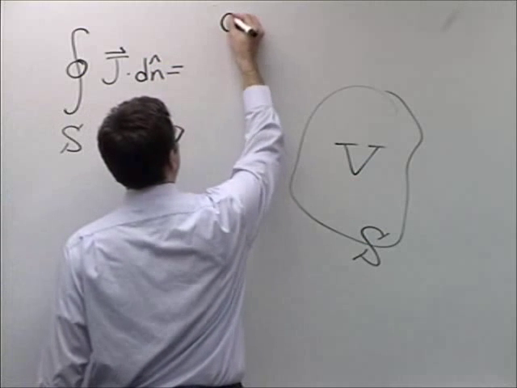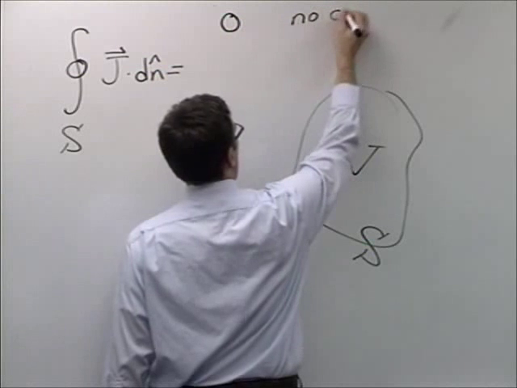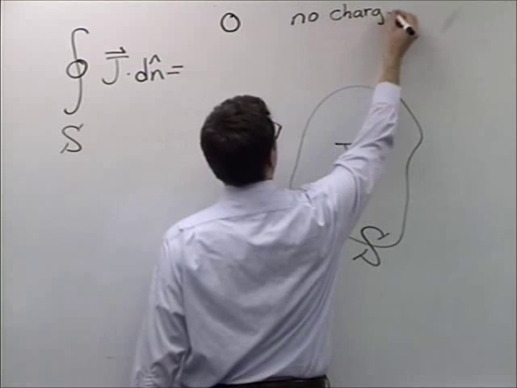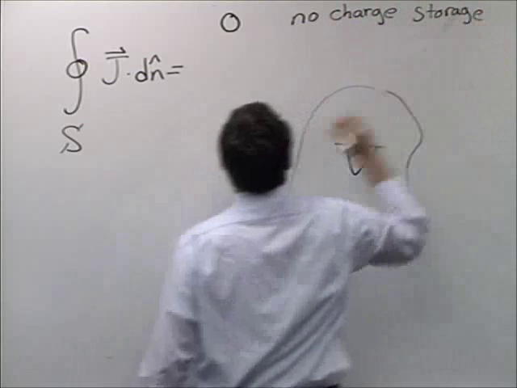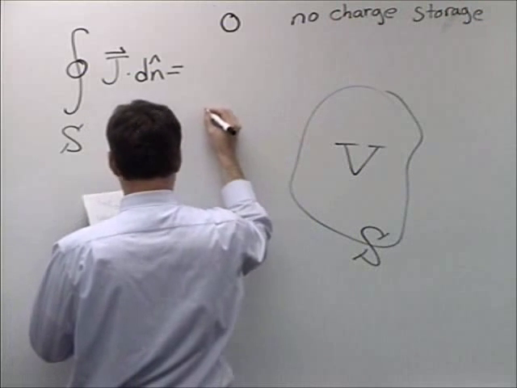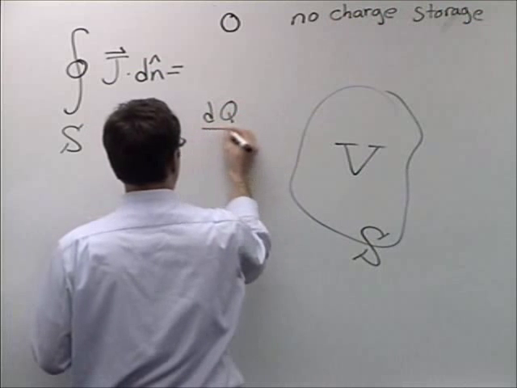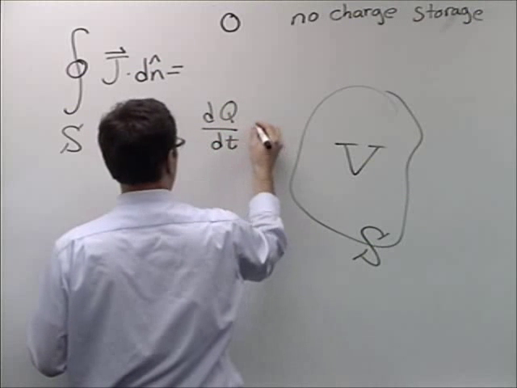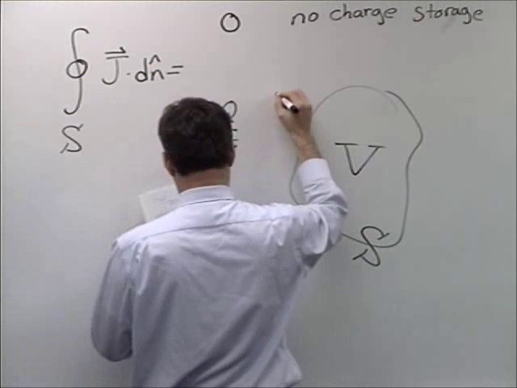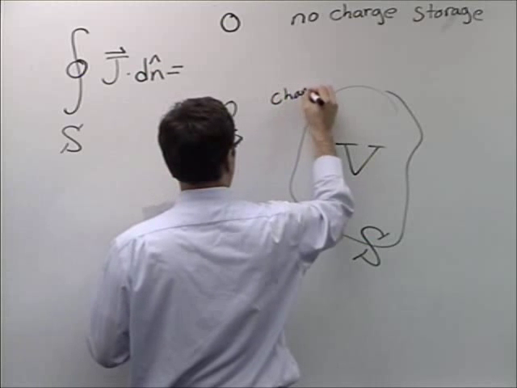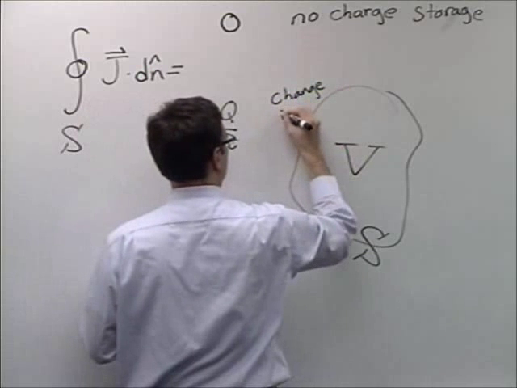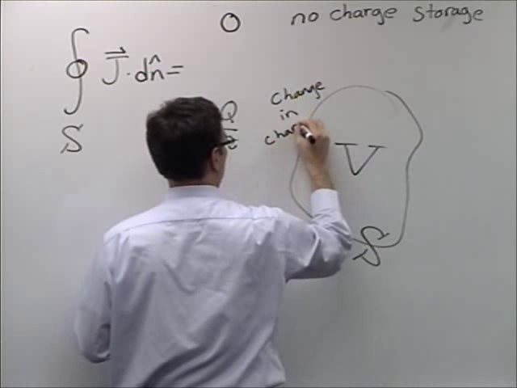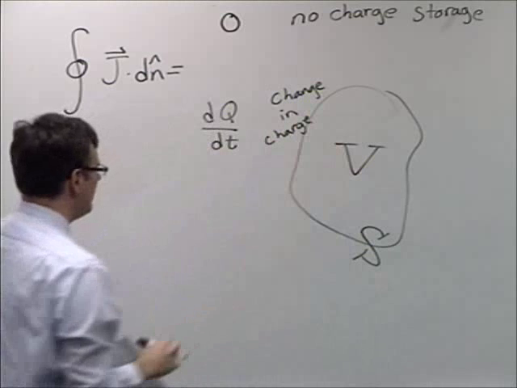I should get 0 if there is no charge storage. And I will get some change in charge if that does not go to 0. So I basically have the 0 case and the non-zero case.